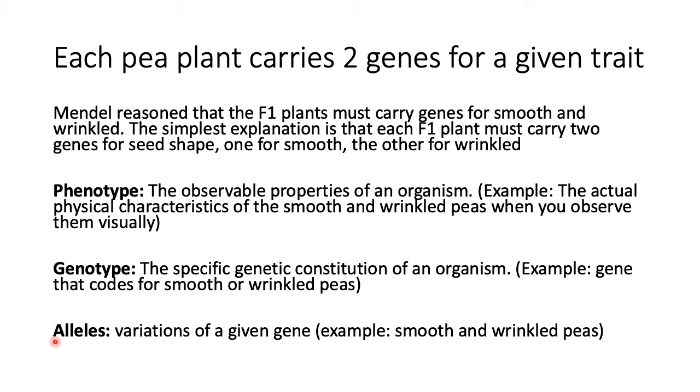And he also found that every given trait, for example, like the peas, they can have a variation of alleles. So peas can be wrinkled, peas can be smooth, peas can be yellow, peas can be green. And so alleles are variations of a given gene. And so another example of that, where we see a lot of different alleles of a given gene, is eye color.